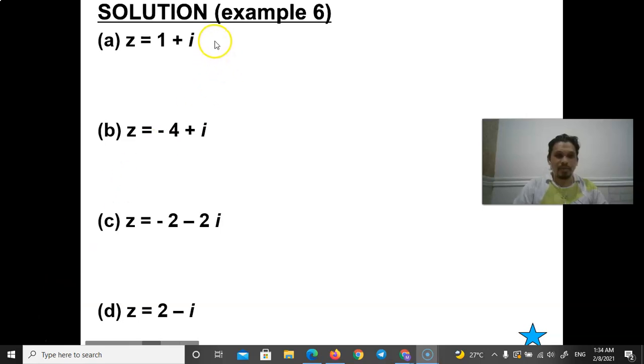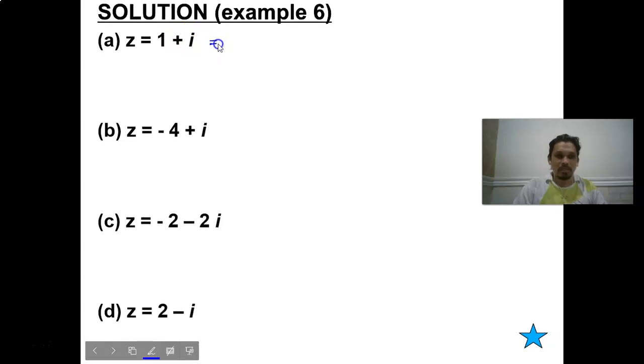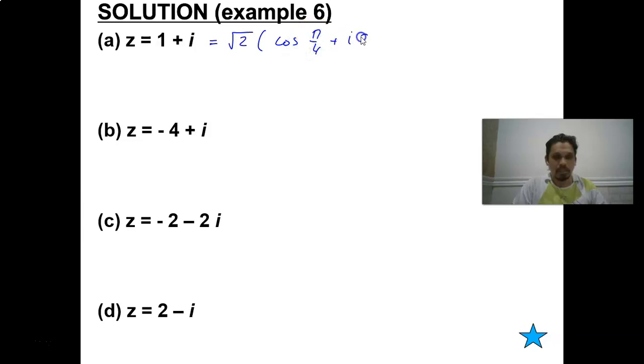Okay, so the first one here. Please refer to the previous answer, and we write it in the form of square root of 2, cos pi over 4 plus i sine pi over 4.